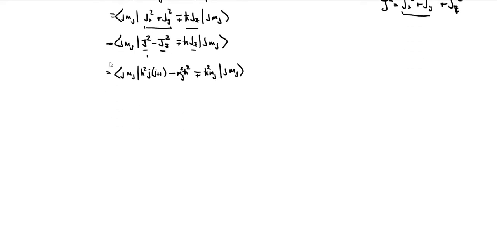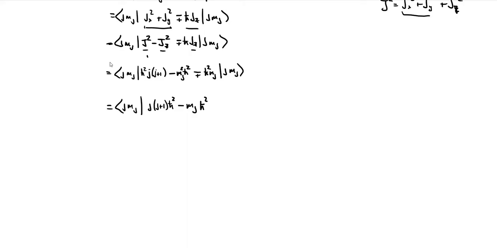Simplifying this and factoring things out, that term in the middle ends up being J times J plus 1 h bar squared minus MJ squared h bar squared.